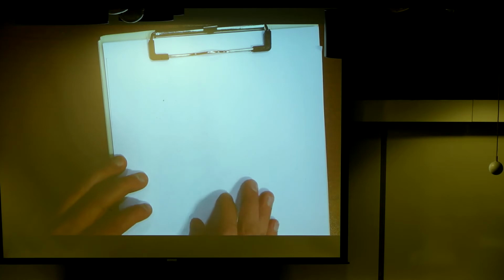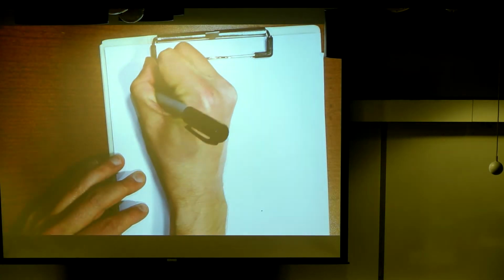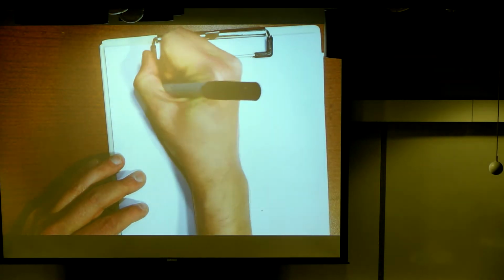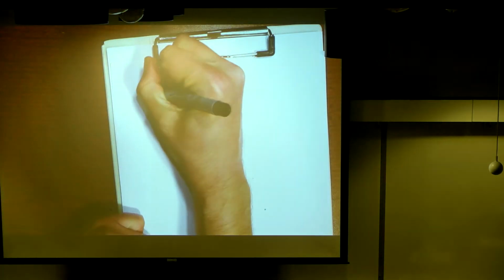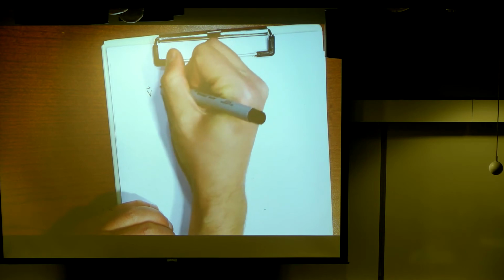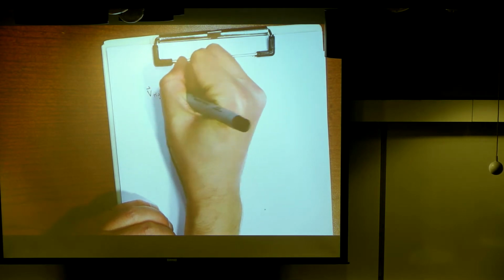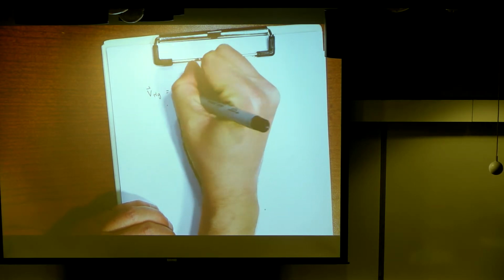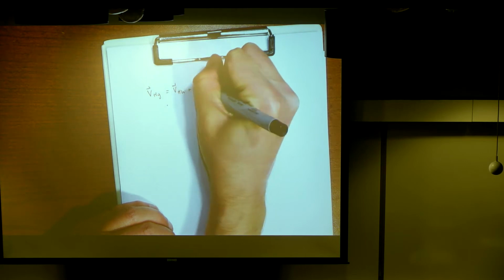All right, so I'll start by copying down the equation. I think this pen is out of ink. Hold on a second. Okay, so the equation that we had on the slide was VHG equals VHW plus VWG.